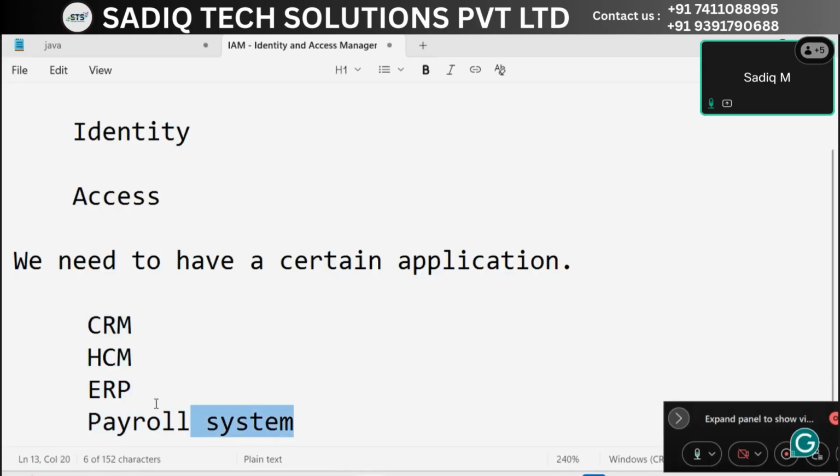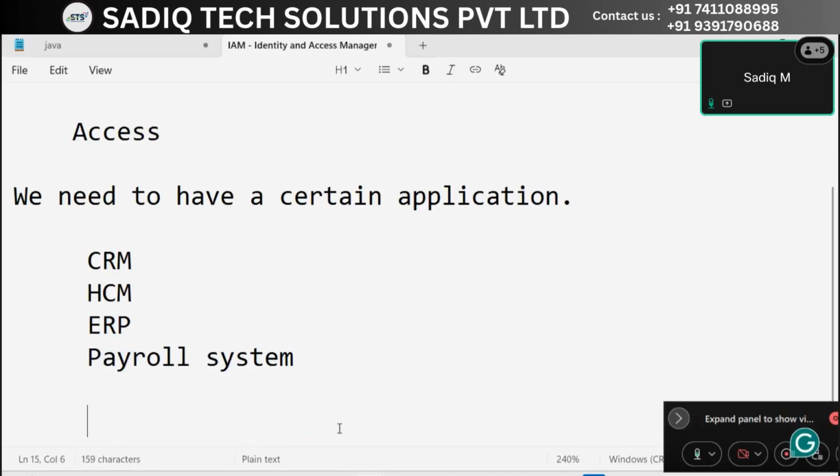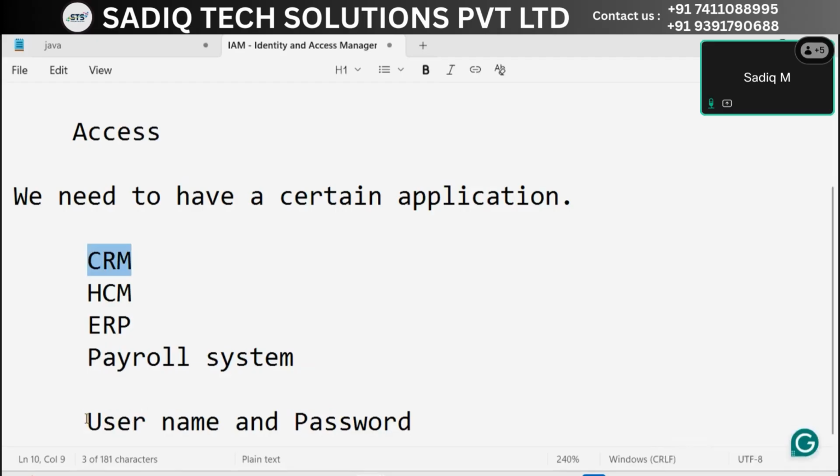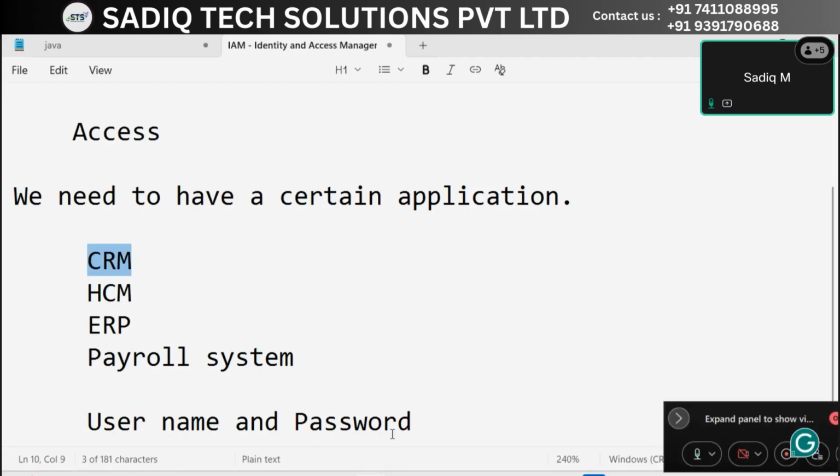To maintain all these applications, what do we need? We need a username and password. Then only the employees, organization workers or contractors can access these applications so that the business can run smoothly. In most cases, they use username and password.